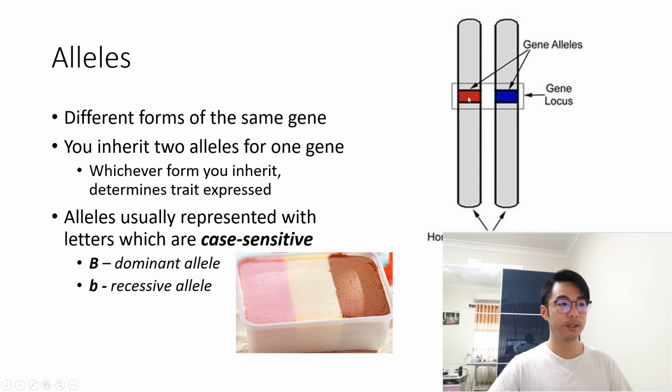And so this red section here could code for black hair color, and this blue section here could code for blonde hair color. And whichever allele is expressed, or whichever allele is dominant, is the physical expression that you're going to have. Okay, so again, alleles are different forms of the same gene.